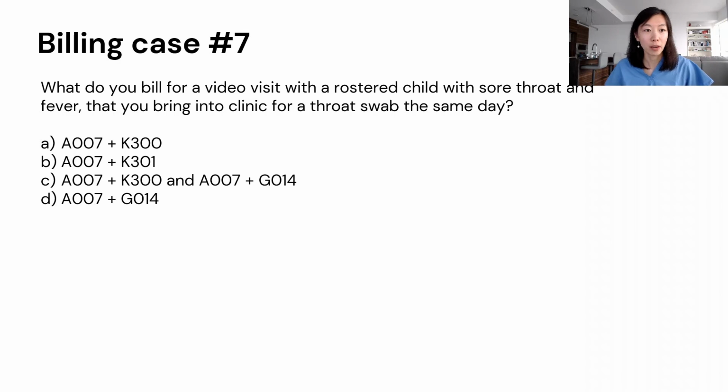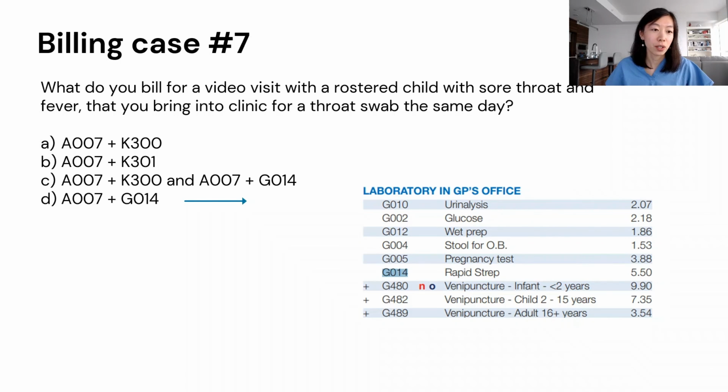Billing case number 7. What do you bill for a video visit with a rostered child with sore throat and fever that you bring into clinic for a throat swab the same day? So pause the video, write down your answer, and the answer is D. And so the reason why is, remember, if you saw that patient in person the same day, then you can only bill for the in-person visit.